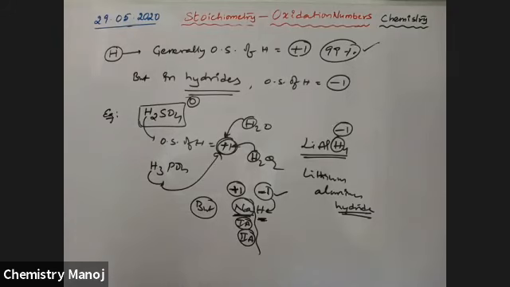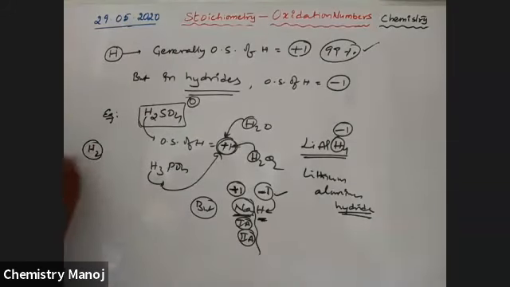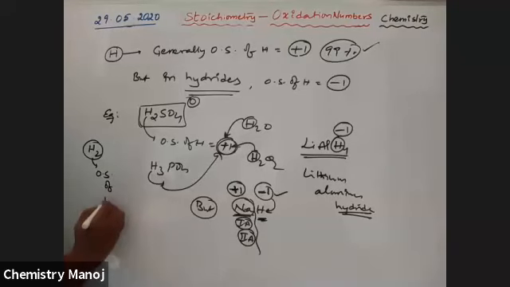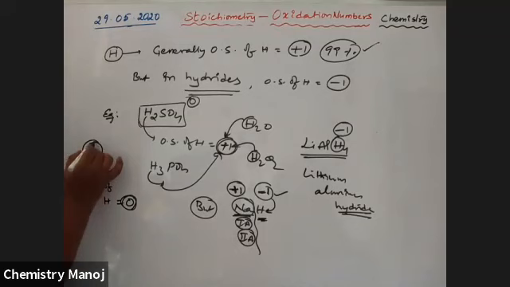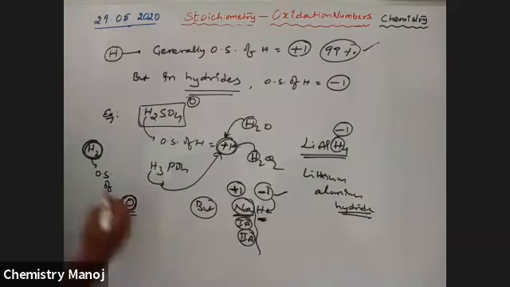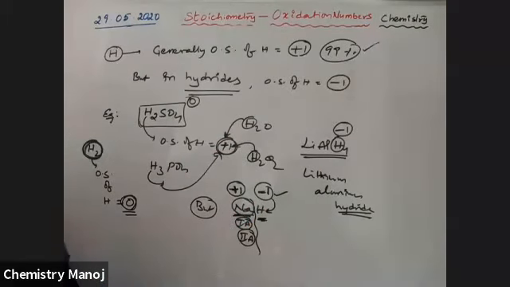Next, in the H2 molecule, no other elements are there. In the H2 molecule, the oxidation state of hydrogen is equal to 0. That is, an element which is in its molecular form has oxidation state equal to 0. If it is in combined form, it has either plus charge or minus charge.